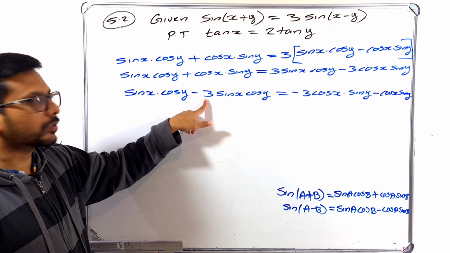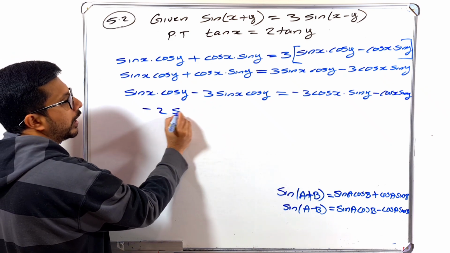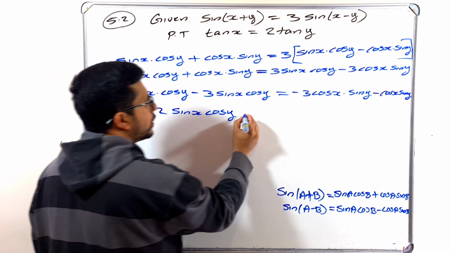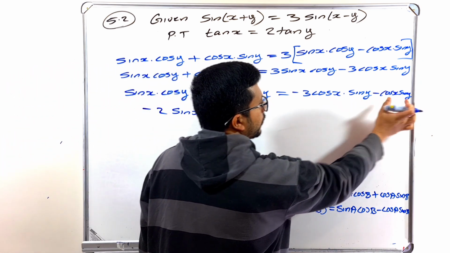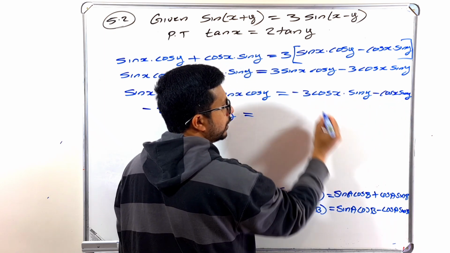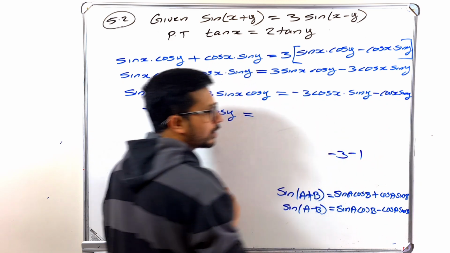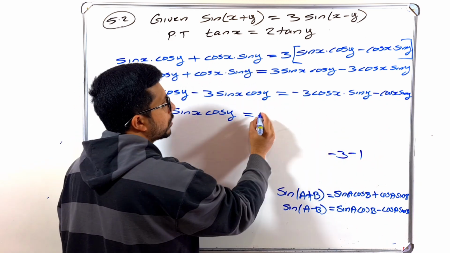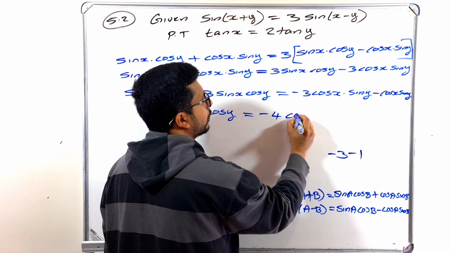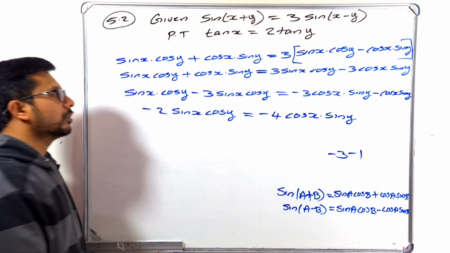So 1 minus 3 is minus 2 sin x cos y is equal to, these two are like terms, minus 3 cos x sin y minus cos x sin y. So here it is minus 3, here it is minus 1. So minus 3 minus 1 is minus 4, then cos x sin y. So we are up to there.